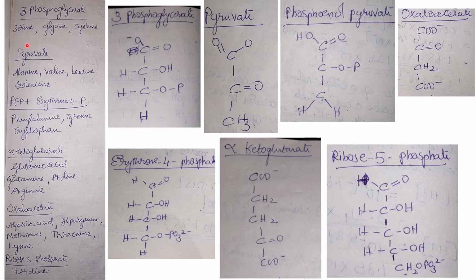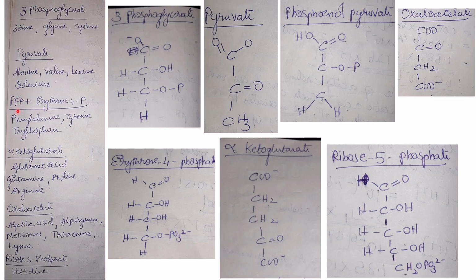So 3-phosphoglycerate is involved in serine, glycine, cysteine, and it is a 3 carbon compound. Then you have pyruvate, again a 3 carbon compound, but it has a C double bond O in the center. It is involved in alanine, valine, leucine, isoleucine synthesis.